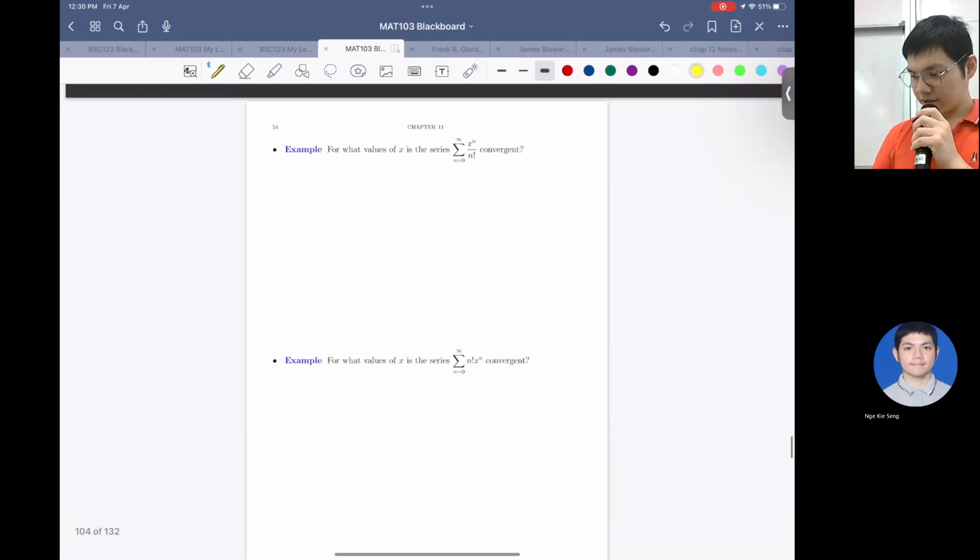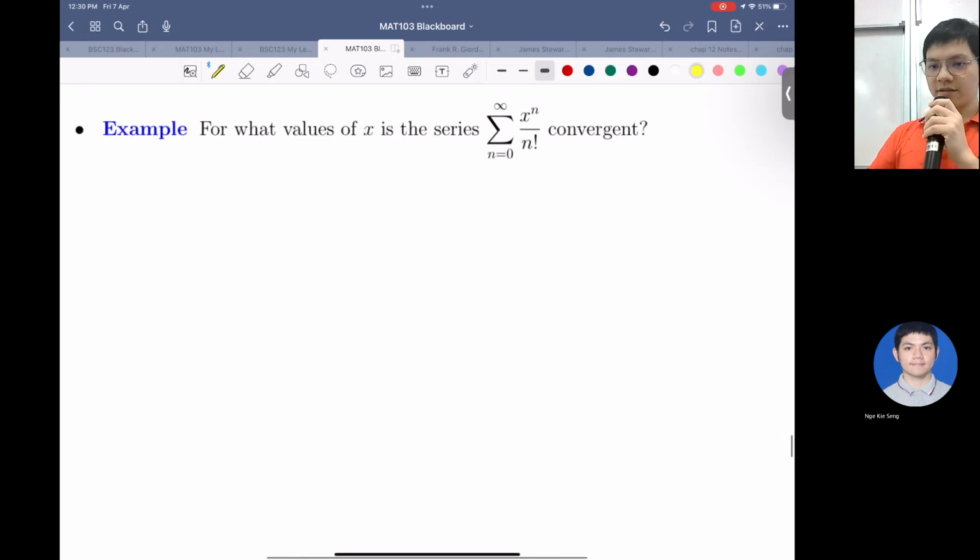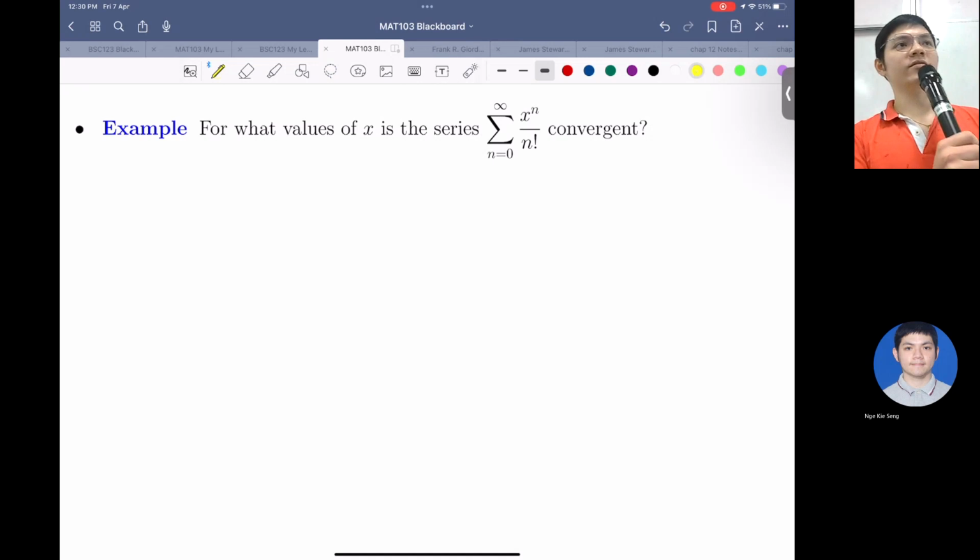Okay, I'll let you try this question here. Spend about 5 minutes and see if you can find the interval.